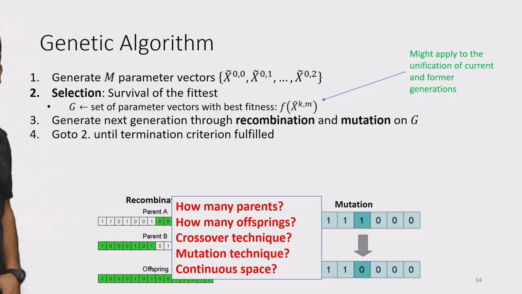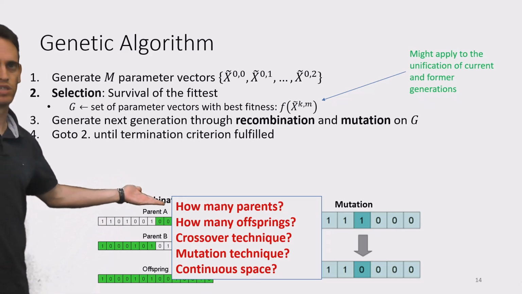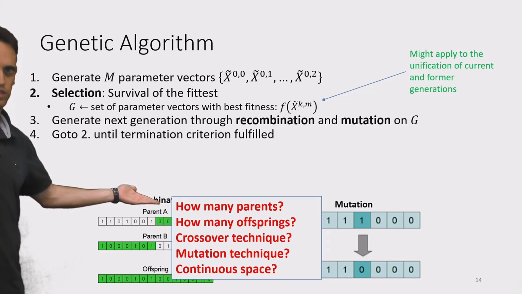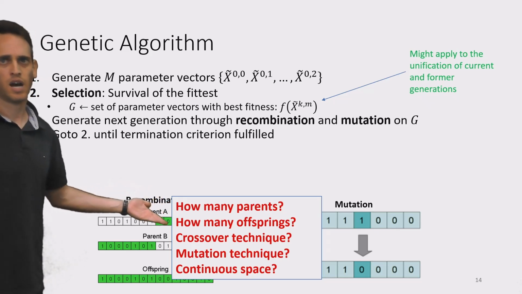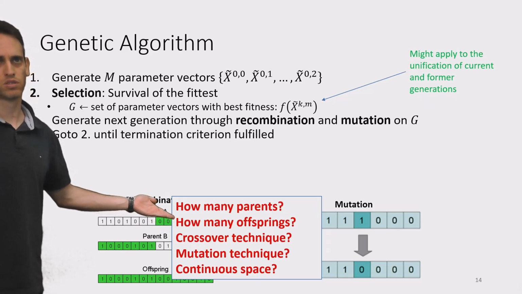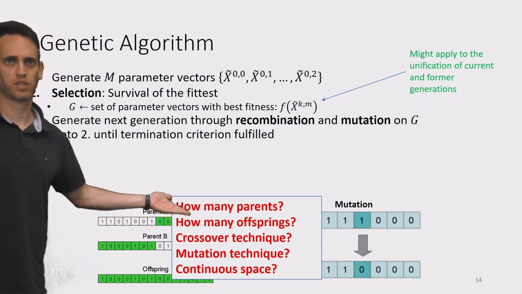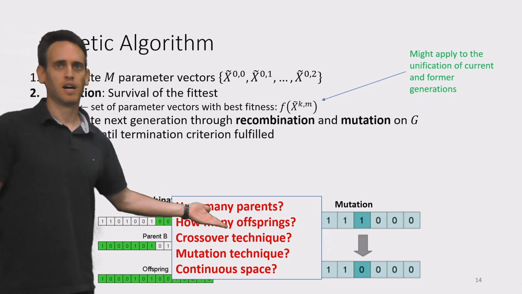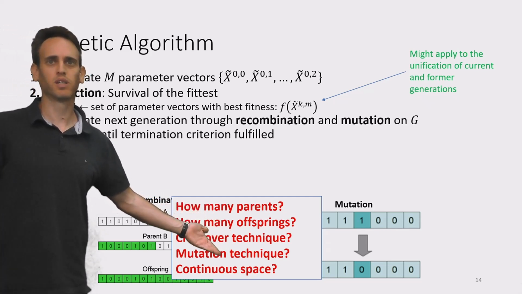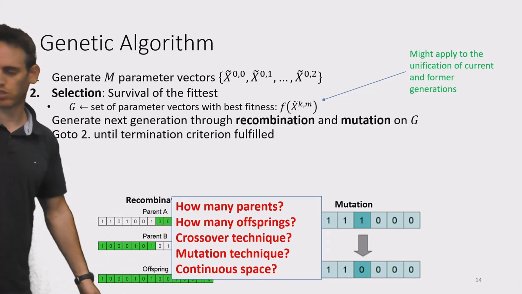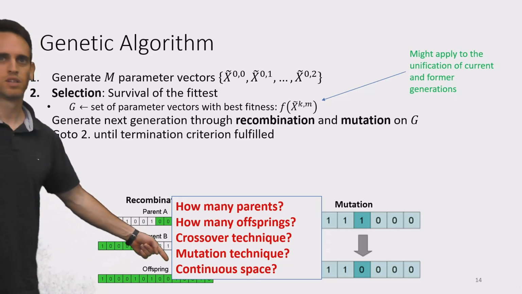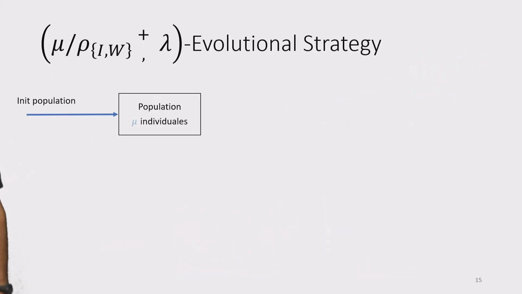And of course there are many variants of genetic algorithms and many ways to approach this general process by answering various questions: how many parents should we consider in each generation to be the fittest of the previous generation, how many offspring should we produce for each generation, what should be the crossover technique or the recombination technique, what should be the mutation technique or how to perform that, and finally how to deal with continuous spaces. And that's actually a simple one to address. We'll see this in a second.